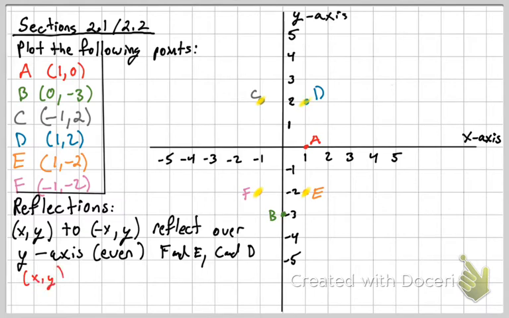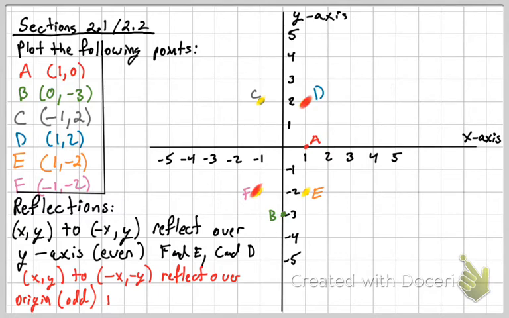All right, if we do an xy to a negative x and negative y, that's going to reflect over the origin. And the best way to do that is to flip your piece of paper over, and if it lines up on itself, then that is going to be origin symmetry. So D and F are going to be symmetric with the origin.